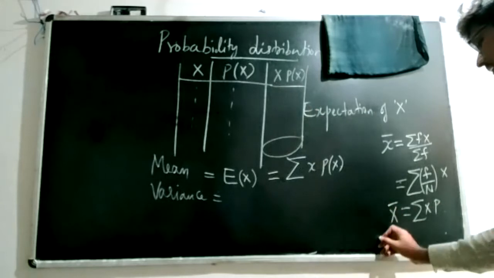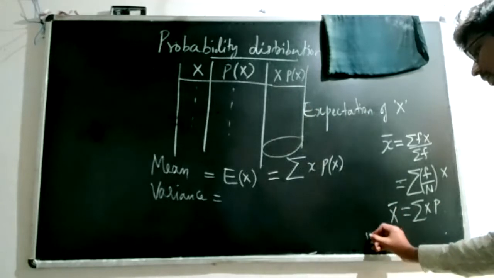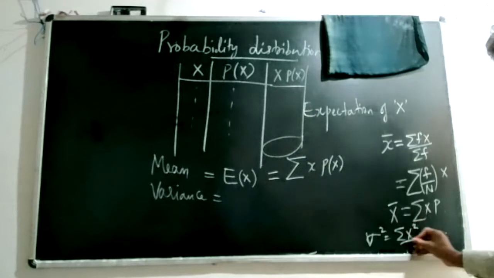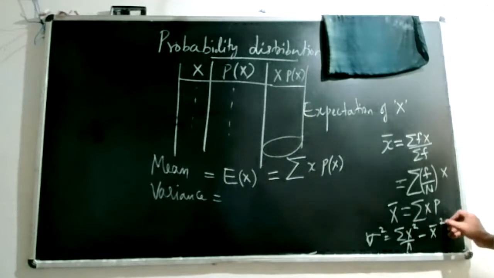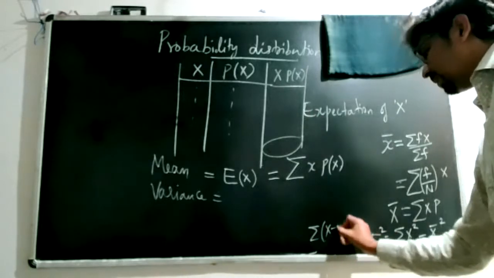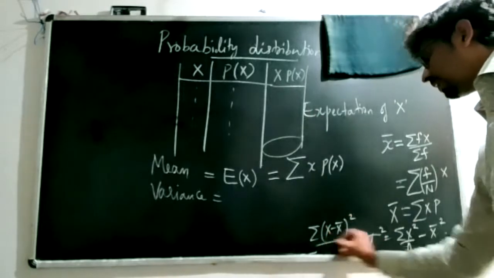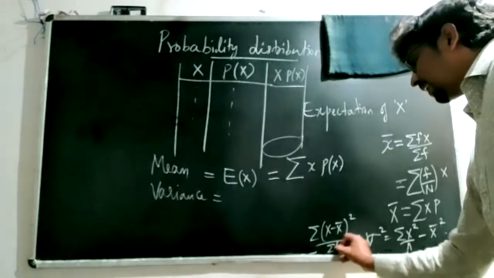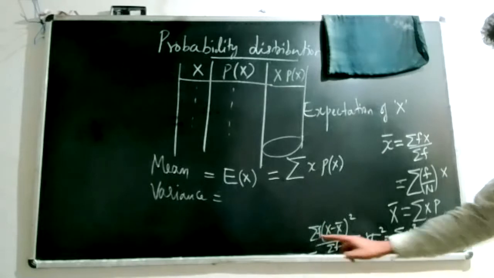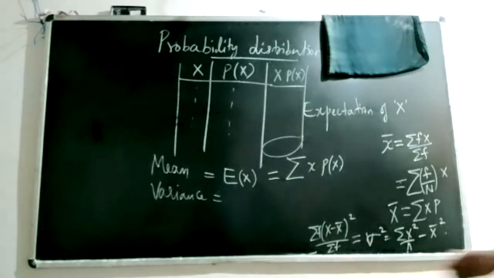And we know variance is given by the formula sigma square is equal to sigma x square by n minus x bar square. Or in the more general form, it is sigma of x minus x bar whole square divided by n, or sigma f in case of a frequency distribution. If I take sigma f inside the summation, that becomes probability.